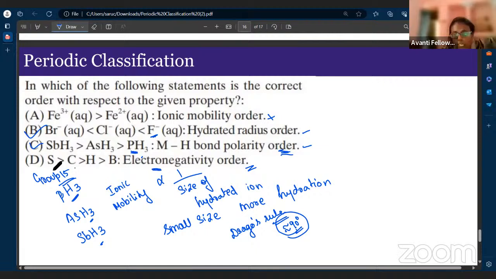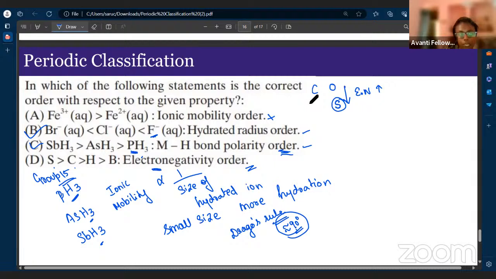We have carbon, oxygen, and sulfur, and we know that when you move down the group, electronegativity increases. So sulfur is going to be more electronegative than carbon.